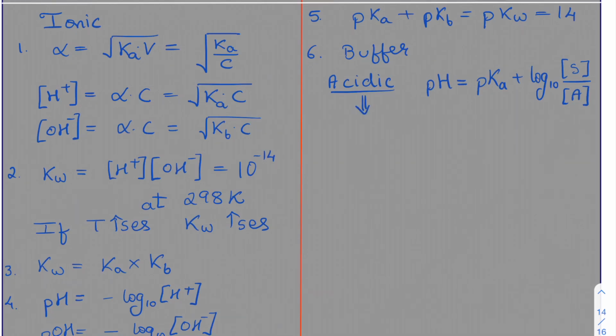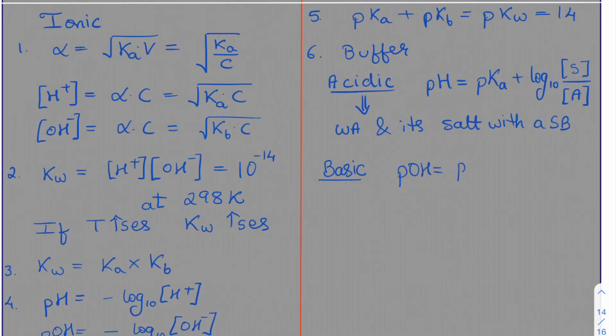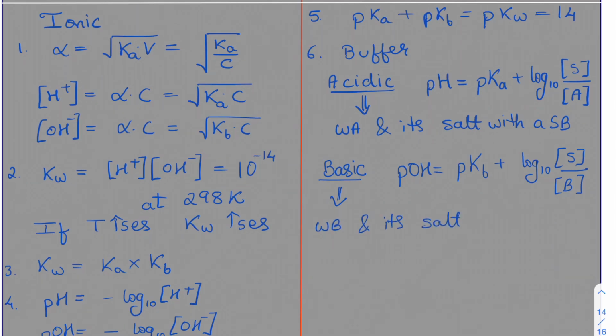Generally an equimolar mixture of weak acid and its salt with a strong base. Similarly, if you're talking about basic buffer, you could have pOH being talked about, which is pKb plus log to the base 10 of concentration of salt by base. Basic buffer would be a combination of weak base and its salt with a strong acid.